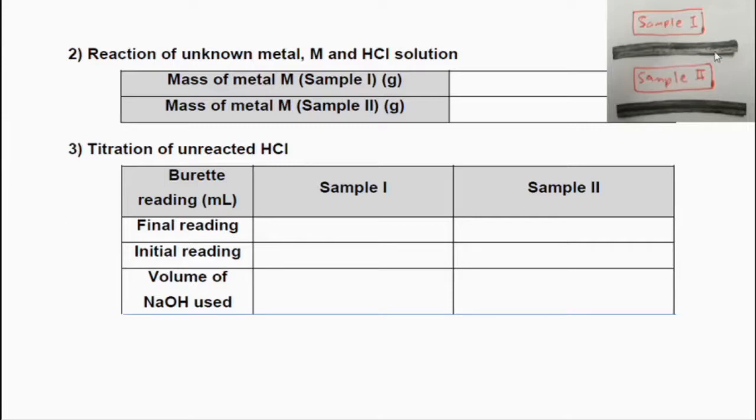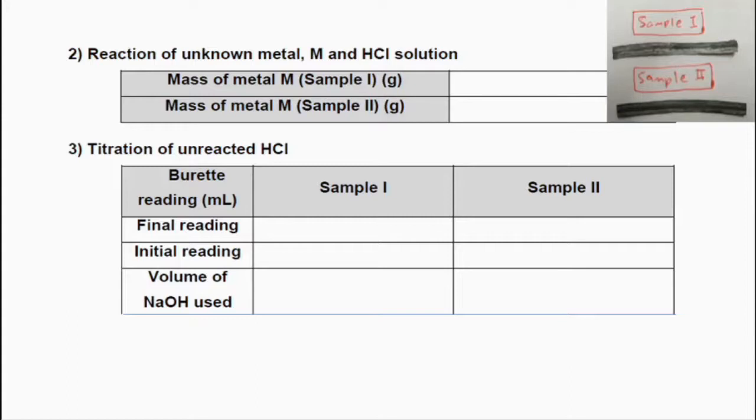Remember, before you weigh this metal M, we need to clean them using sandpaper, and then we bring the metal M to the weighing room and get the masses using an analytical balance.